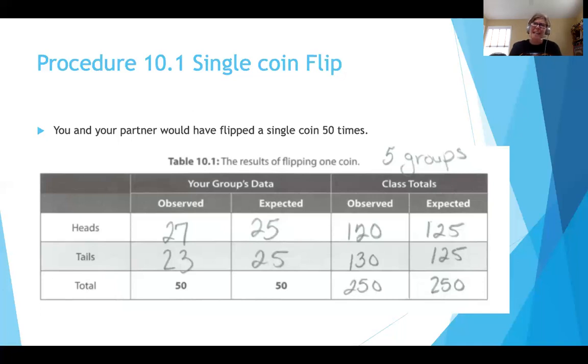Either way, what we would expect is that the more tosses, the closer we should get to our expected. If you toss it 10 times, you might get 7 heads and 3 tails, but if you tossed it 100 times, it would be pretty close to 50-50. So as we increase our sample size, our numbers are more accurate.